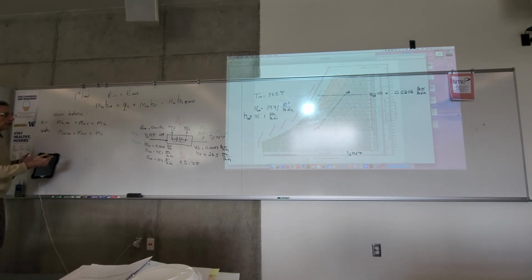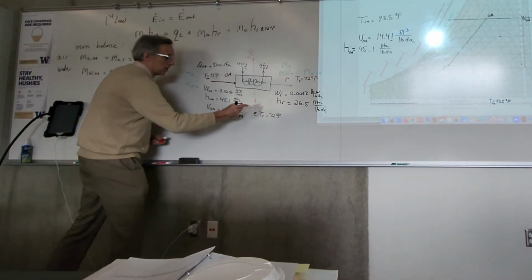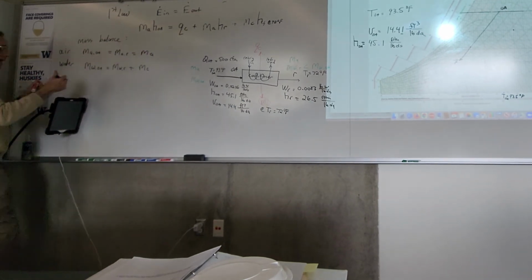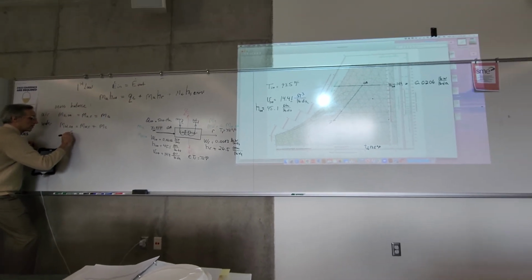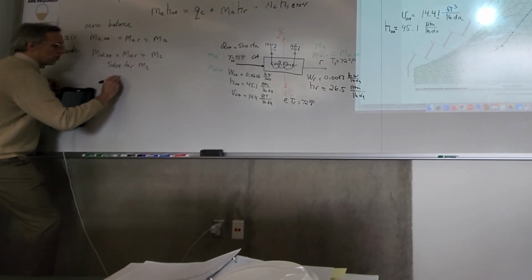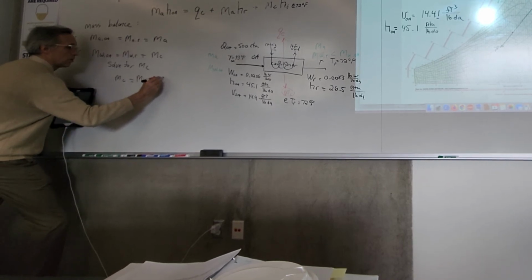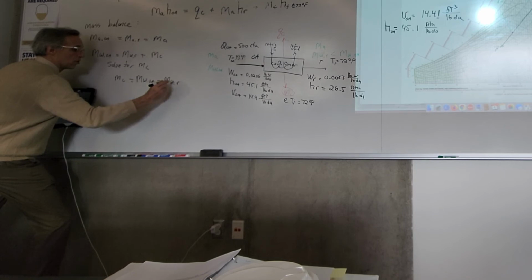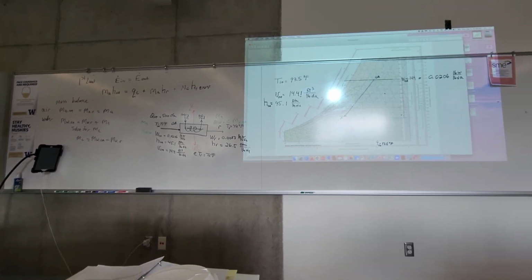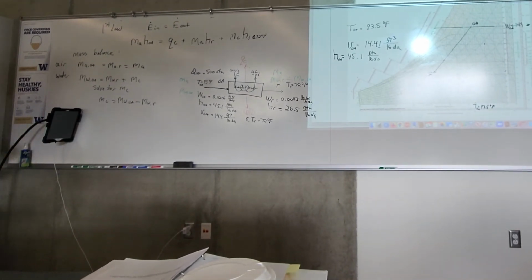Now we're interested in calculating what this condensate flow is. So let's go ahead and solve for that. It's just the difference between the water going in with the incoming air and the water leaving in the exit air.